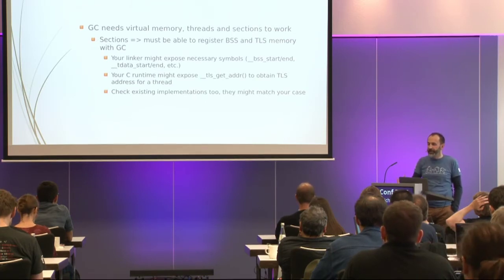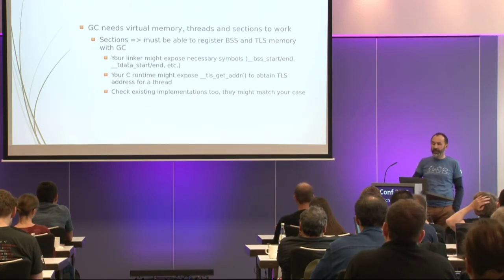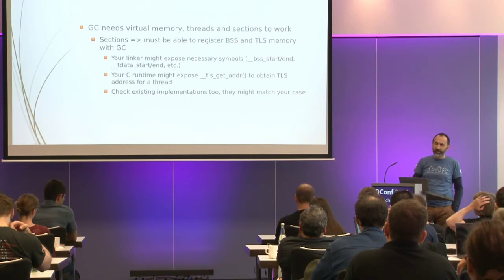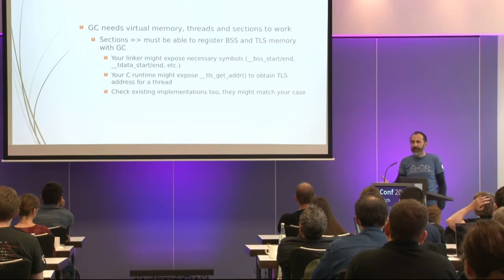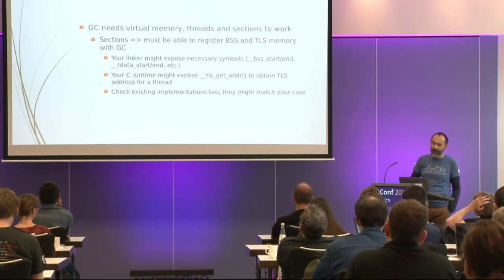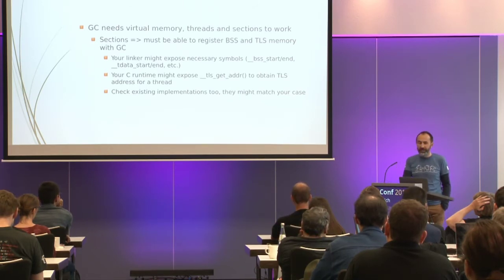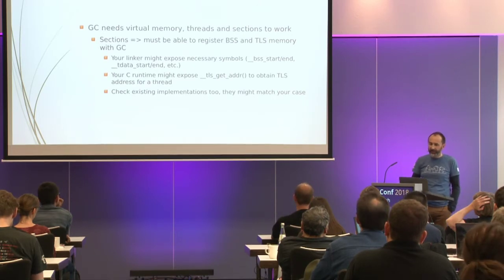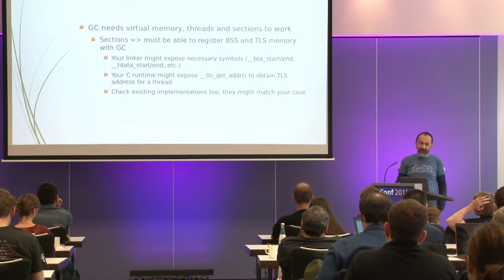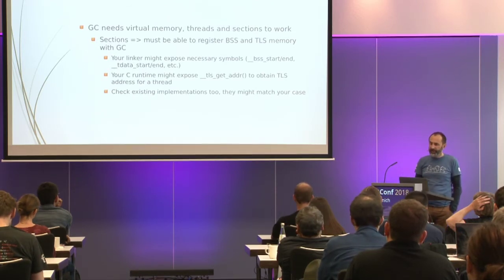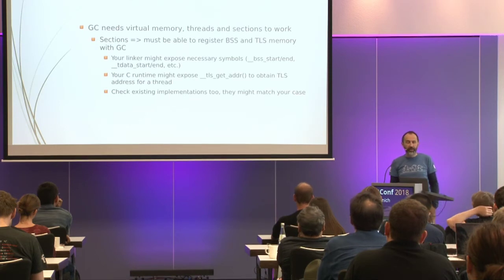Open platforms might give you the opportunity to browse segment infos because they are available to the dynamic loader and linker. Of course, in my case, this is not available. Luckily for me, the linker exposes some necessary symbols. And by using some hidden C runtime functions like TLS get address, I managed to construct something which is working, but is not protected from breakage when updating the SDK.